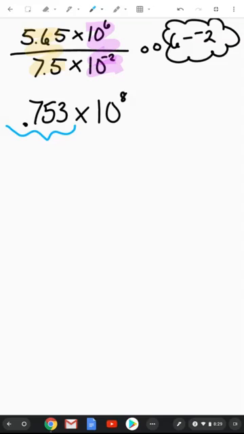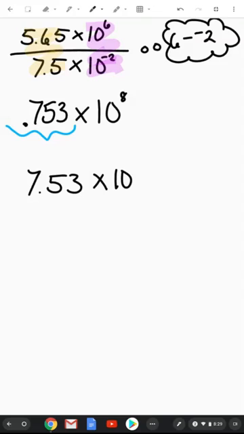So I need to plop the decimal into a place that is actually going to make that number greater than 1, less than 10. So I know that the decimal place needs to be right here, but I can't just keep the power of 10, the 10 to the 8th power.